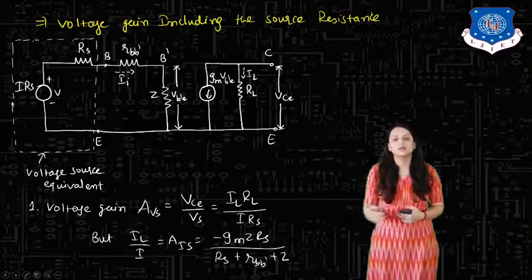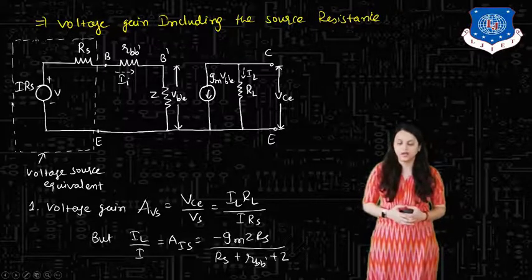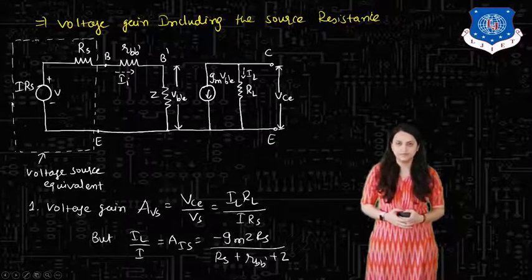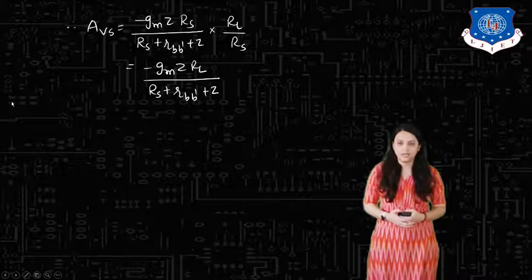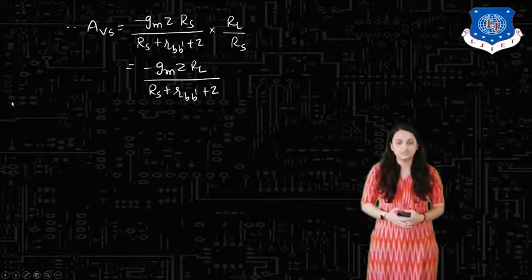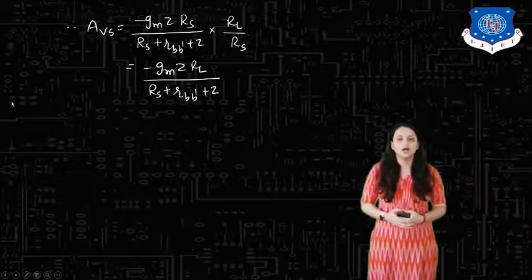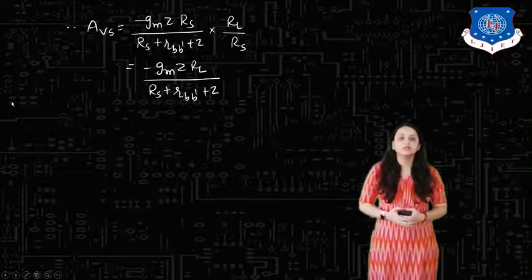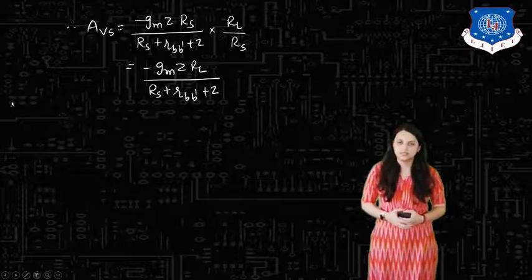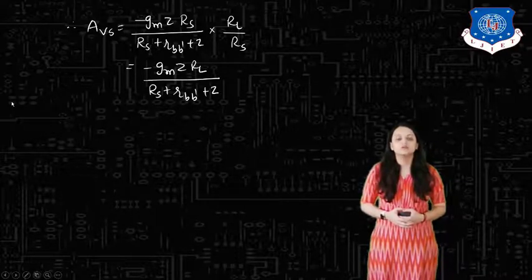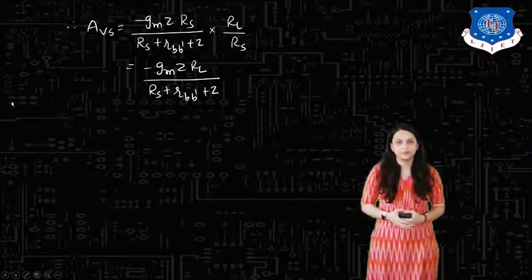But we know that load current IL by I is AIS, that is equal to minus GM Z RS upon RS plus RBB dash plus Z. So AVS equals minus GM Z into RS divided by RS plus RBB dash plus Z into RL by RS, which gives minus GM Z into RL divided by RS plus RBB dash plus Z. So this is the equation for AVS, voltage gain.